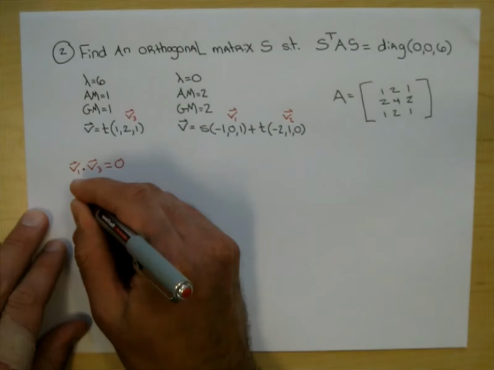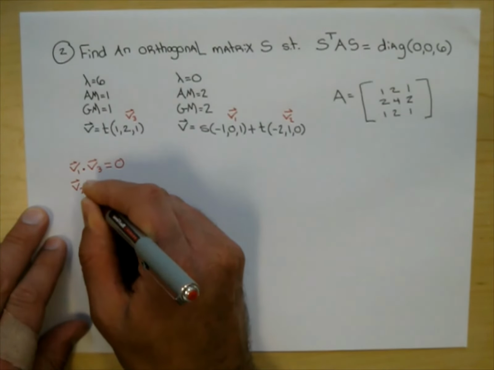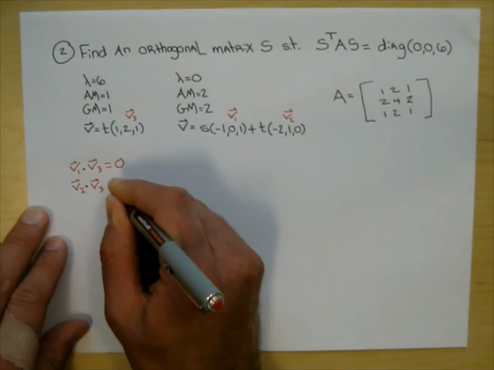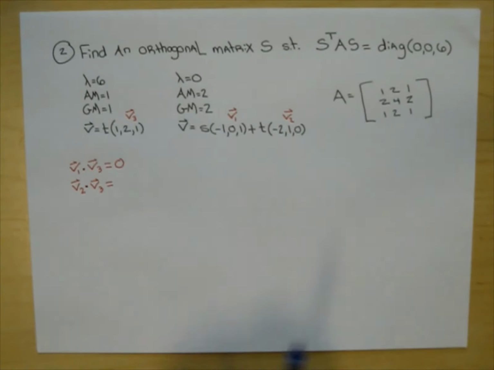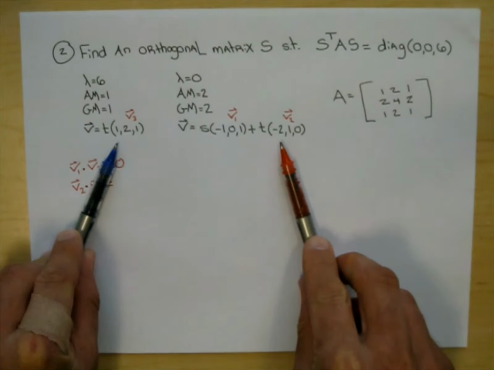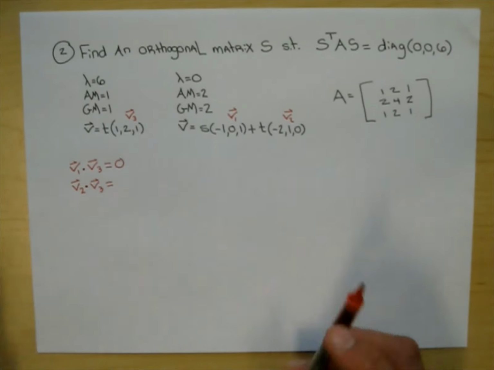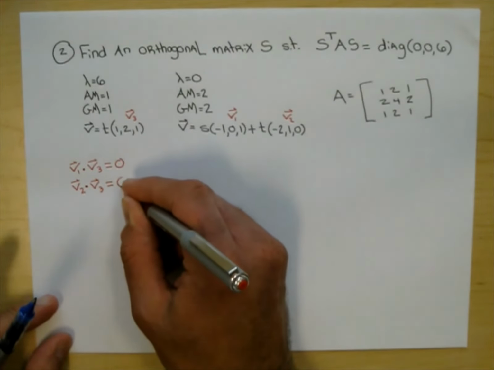Let's do the dot product of V2 and V3. So this is negative 2 plus 2 plus 0. So that's 0.